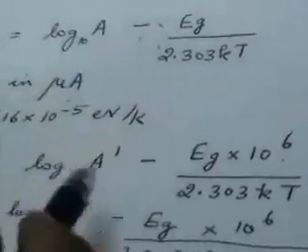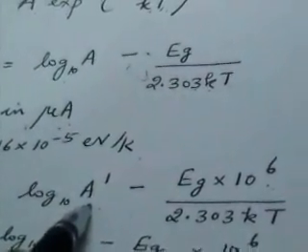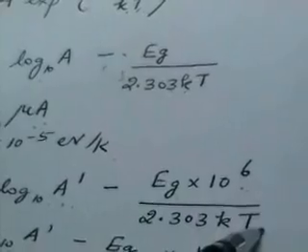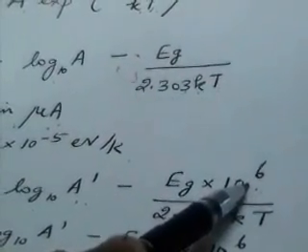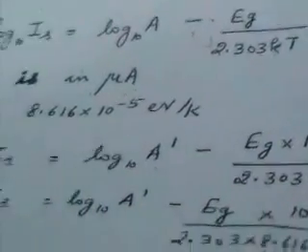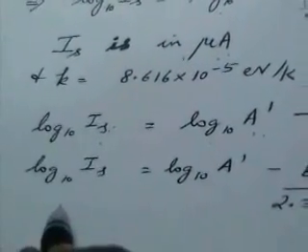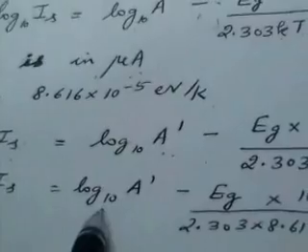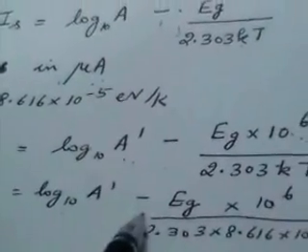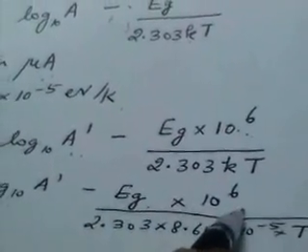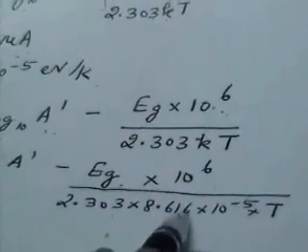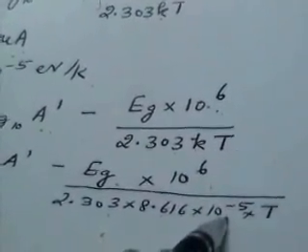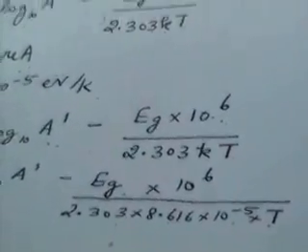That is why instead of A, we have put A prime here, and on this side, the 10 power minus 6 in the denominator becomes 10 power 6. This implies that log Is to the base 10 is going to be log A prime to the base 10 minus Eg into 10 power 6 by 2.303 into 8.616 into 10 power minus 5 into T.